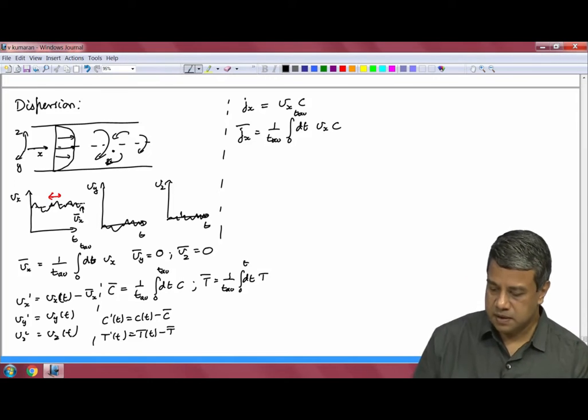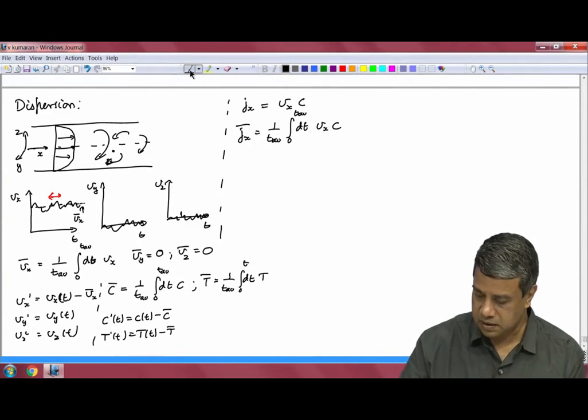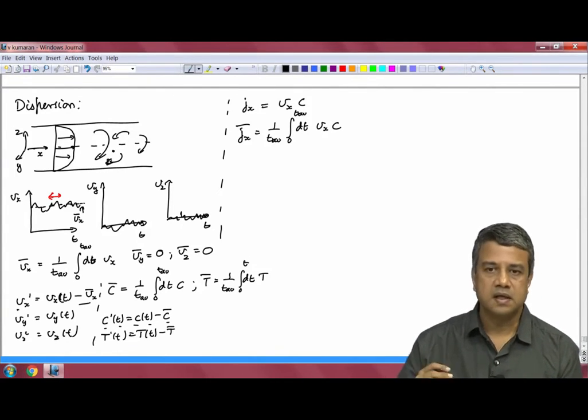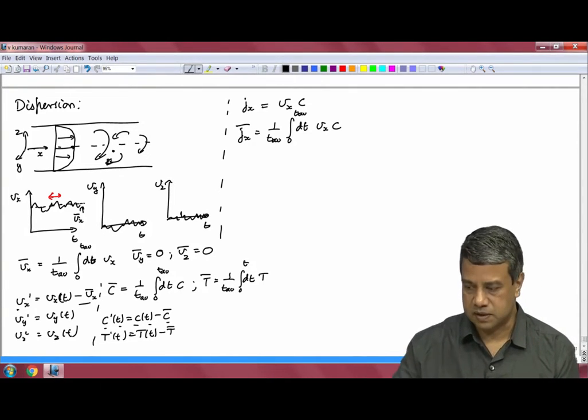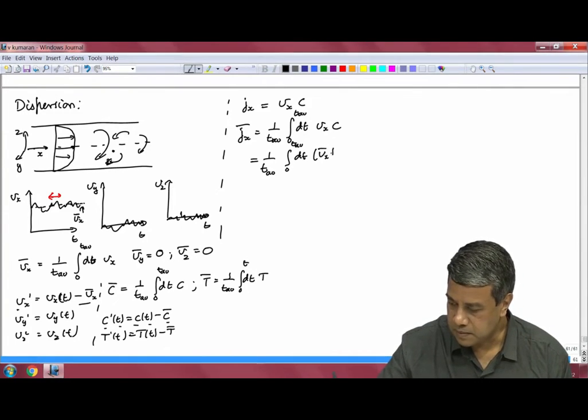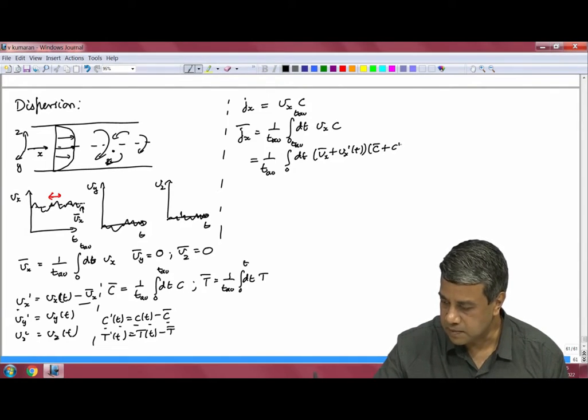Now, for these I can substitute for the velocity and the concentration using this relation. I can express each as the sum of a time averaged value plus a fluctuation. So, this is equal to 1 over the averaging time integral 0 to TAV dt of (Vx bar plus Vx prime of t) into (C bar plus C prime of t).